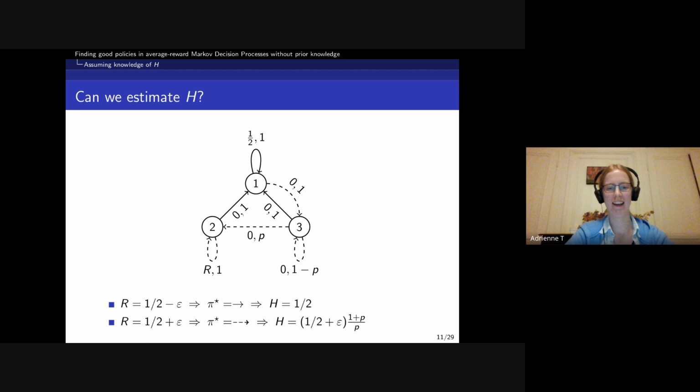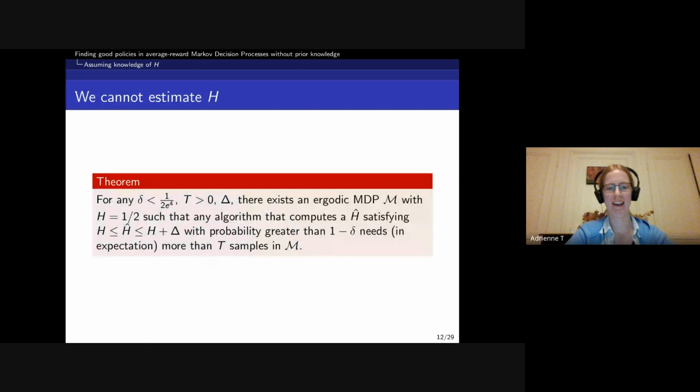And so it's with this idea that we have the following result: for any probability, any time horizon, and also any tightness, there exists some ergodic MDP with relatively small H, so H of 1/2, such that any algorithm that computes an upper bound of H within the given tightness with high probability will need more than T samples.